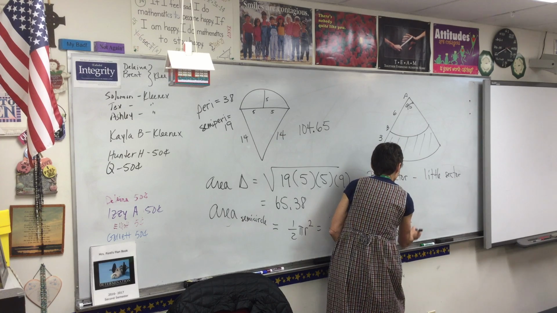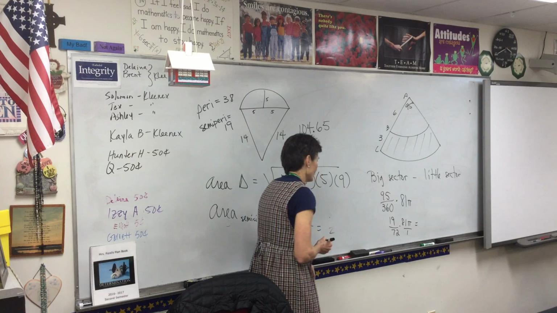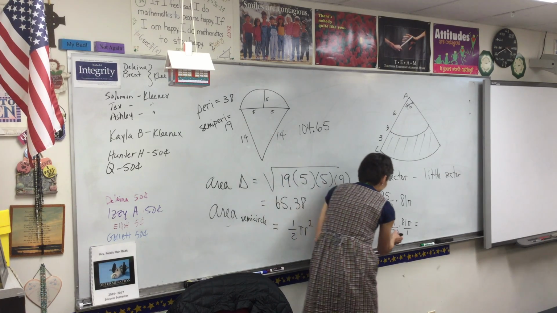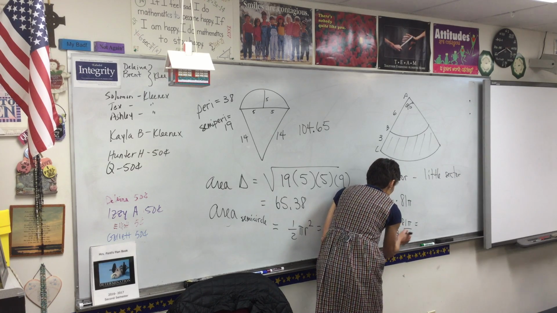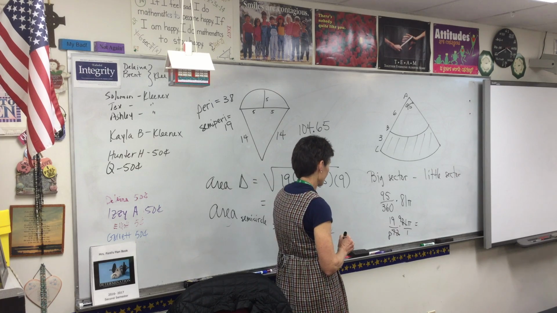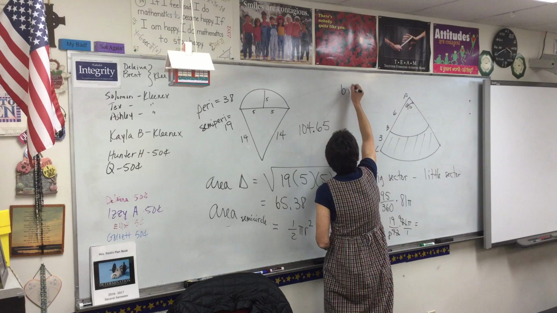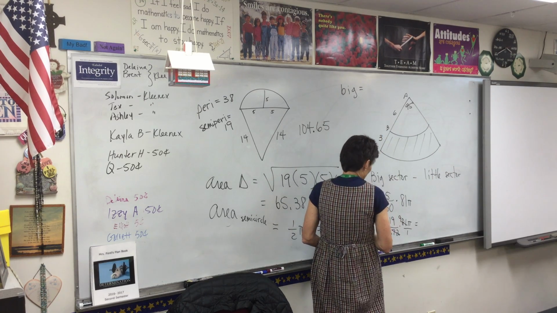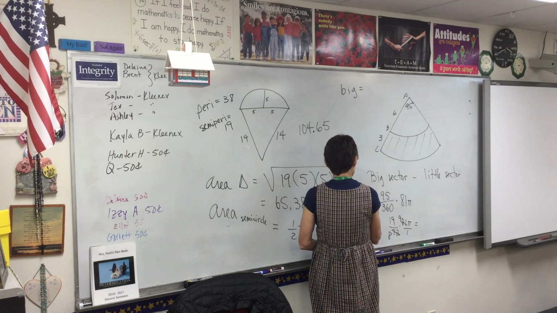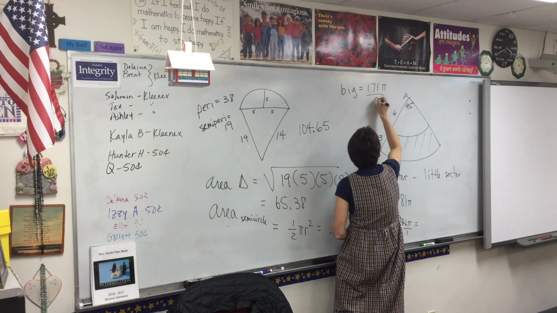Times 81 pi over 1. I think a 9 will come out of both of these. So the area of the big one is 19 times 9, 171 pi over 8.